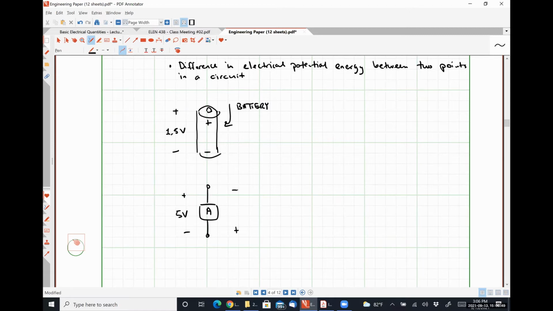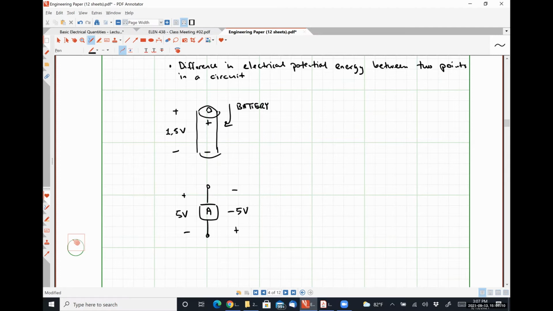Negative 5 volts, right? So how many of you ever accidentally measured a negative voltage in your 120 classes on something? What did you do to fix it? Flip the leads, which means you reverse the polarity of your multimeter. That's all you're doing here, okay?